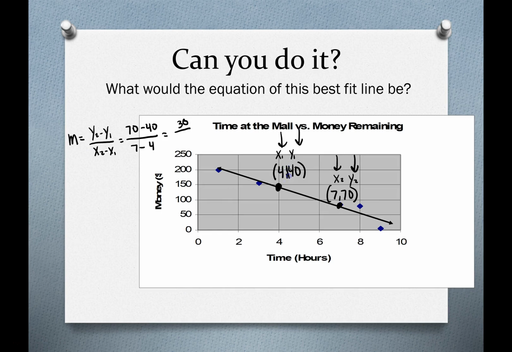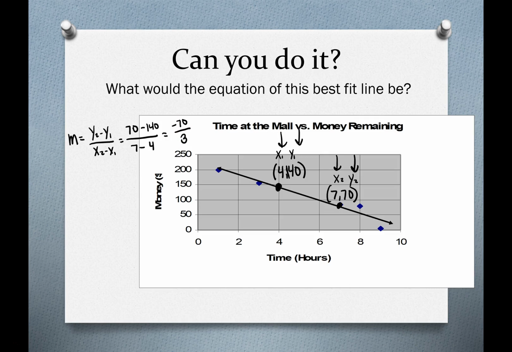I don't know how I missed that. 140, not 40. So this should actually be 70 minus 140, and 7 minus 4 is still good. So 70 minus 140 is a negative 70, and 7 minus 4 is 3.